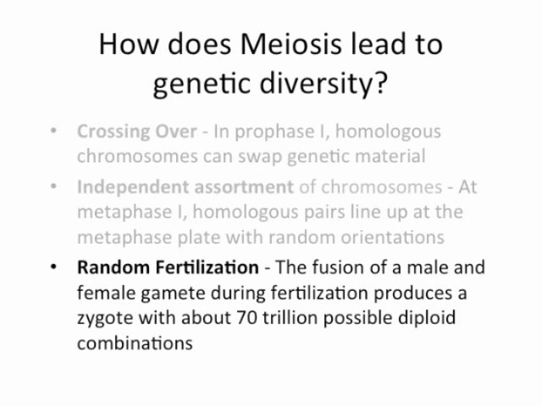If you add up all the probabilities, there's somewhere around 70 trillion possible diploid combinations between just 2 people. So this means that 2 parents are very unlikely to have identical kids, ignoring identical siblings, which we'll talk about in a minute.